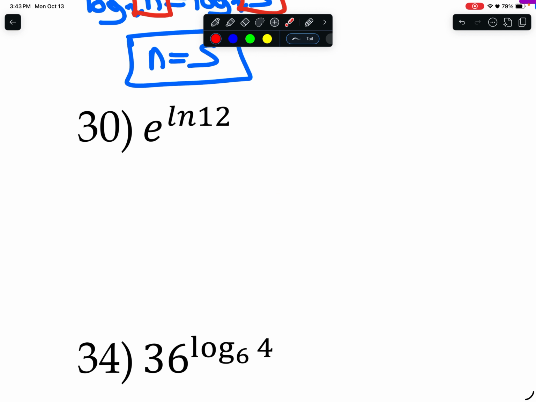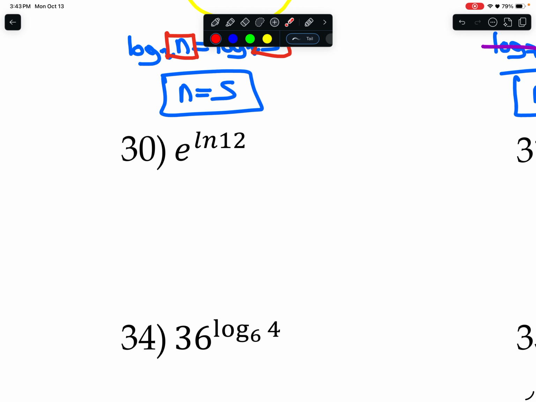Okay, so let's look at 30. So I'm in exponential form here, so that means I want to rewrite it in logarithmic form. So once again, I'm going to set this equal to some unknown value n, and then do circle of life. So we have log base e of n is equal to natural log of 12.